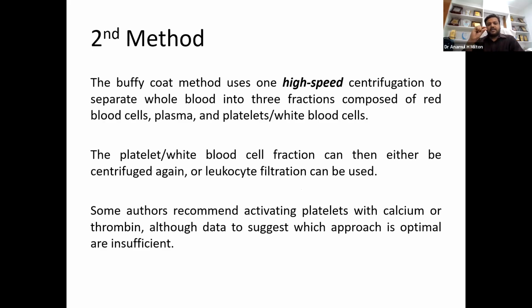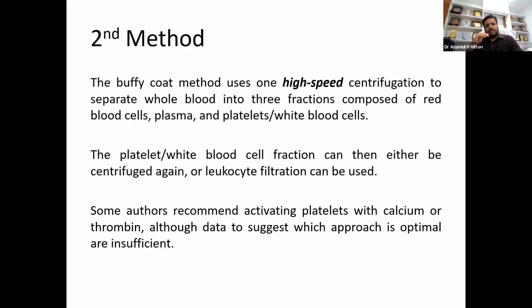In the middle is the Buffy coat, which has much more platelets with a small concentration of WBC. Above it, the top part has a low concentration of platelets and much more WBC. So we collect from the middle part, the Buffy coat.